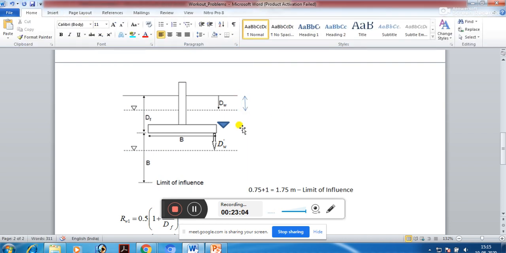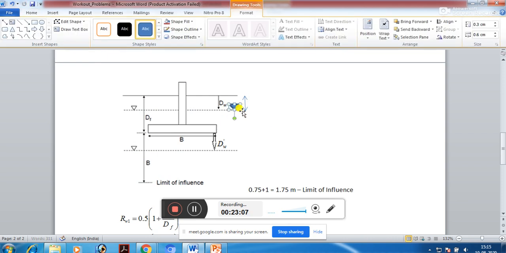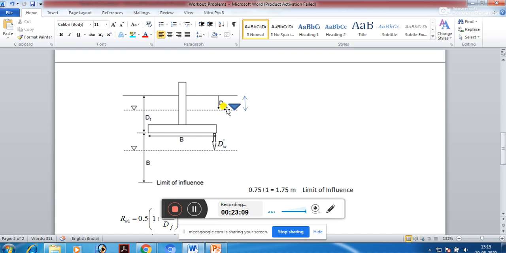So let's say the water table has now reached over here. What is this depth? This depth is defined in the question as 0.35 meter. Have you understood it? Yes, sir.